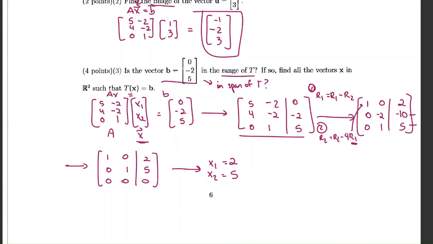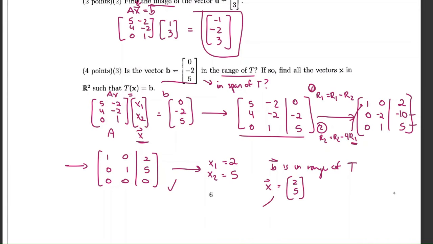This is fine because there's no inconsistency, so we don't have something like 0, 0, 2. Because we don't have that, it's valid. We have a valid solution, and this means that b is in the range of T, and the vector x is 2 and 5.